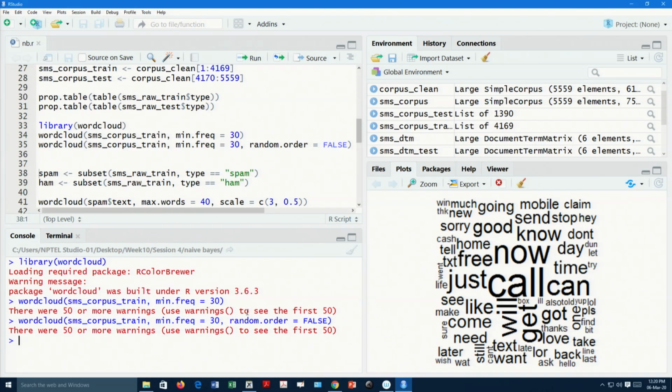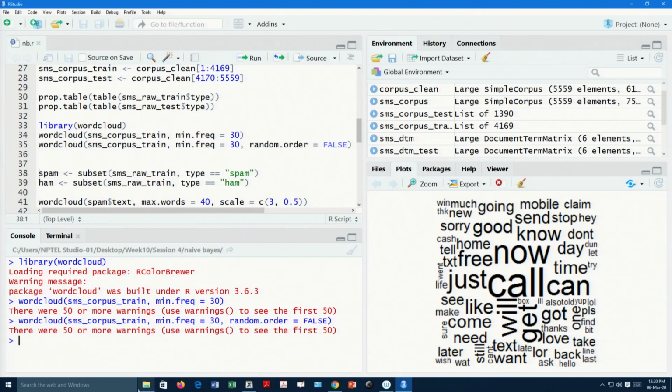Understand carefully what I am saying once more. I can use words as my predicting variable for spam or ham only when the word cloud gives me different sets of words for spam or ham. That is the only case.